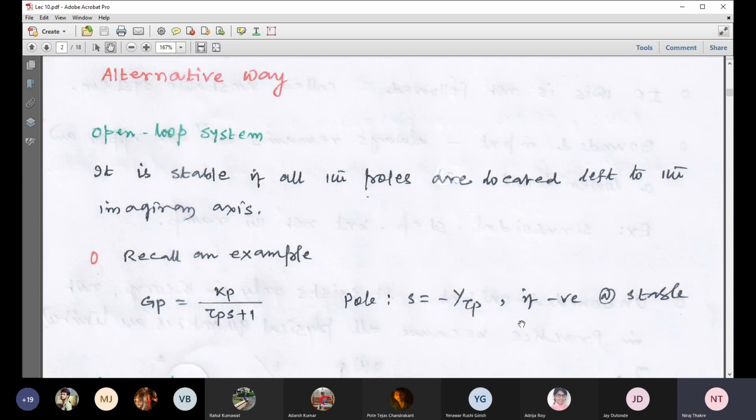Fine. This one in fact we have started, we have discussed. Another way we can define the stability in this way. An open loop system is said to be stable if all the poles are located left to the imaginary axis.